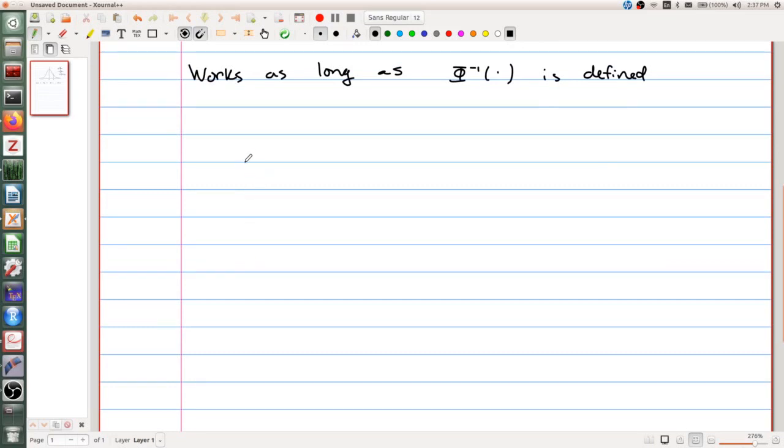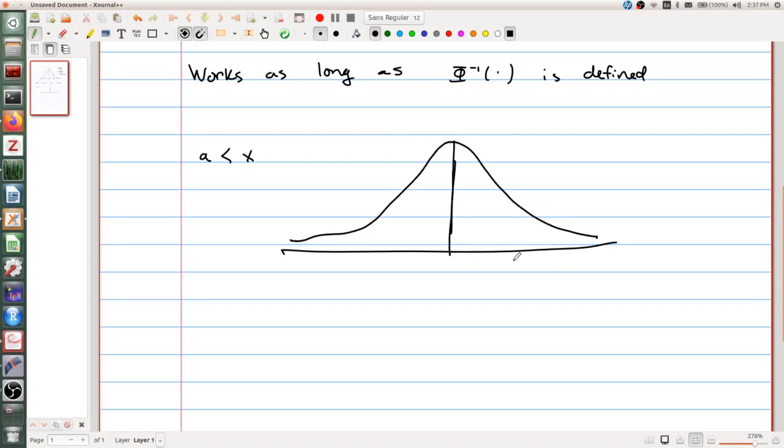So the idea here is, if you have a lower cut point A, to take x's that are greater than A only. Like I said, this is called the inverse CDF method. You need to think first about the CDF of the truncated normal distribution, which is the one that you want now.